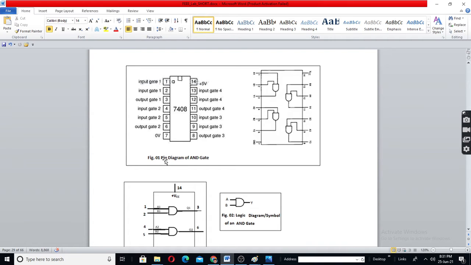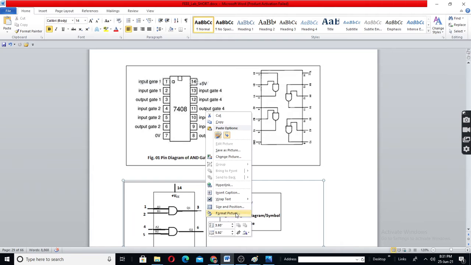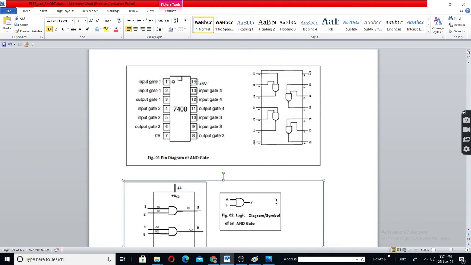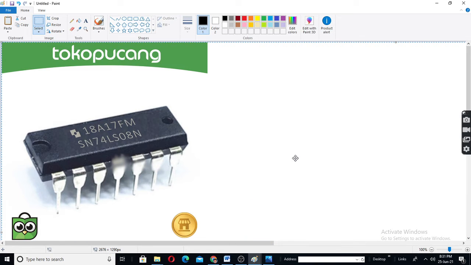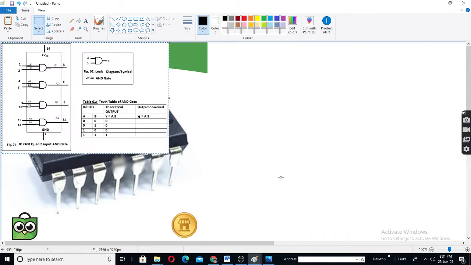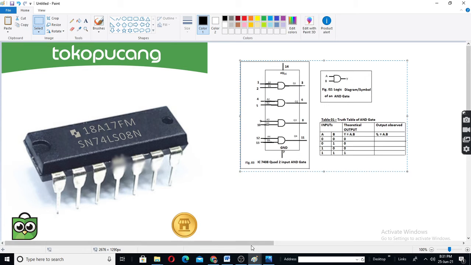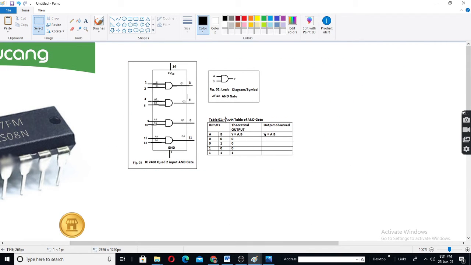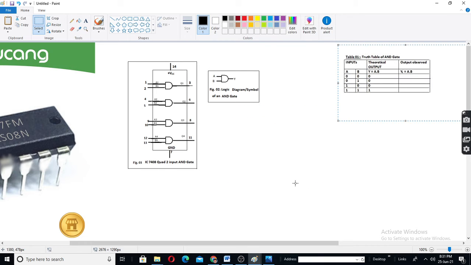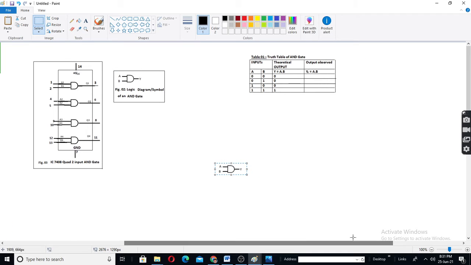This is a two-input AND gate. Okay, see, this is a two-input AND gate. You can have even a three-input AND gate, A, B, Y. You can have it like this.